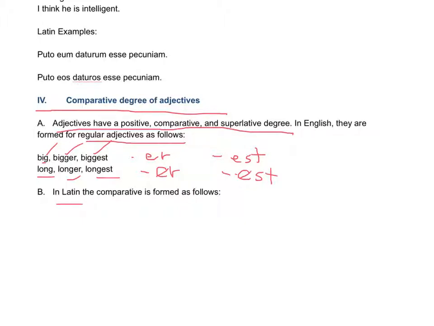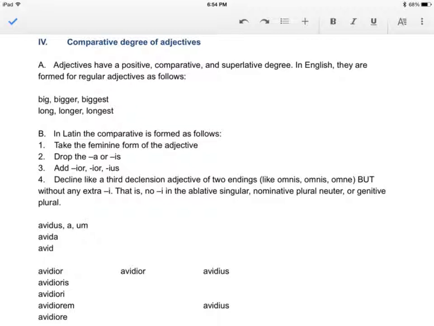In Latin, the comparative is formed as follows. You take the feminine form of the adjective. For example, if you have bonus, bona, bonum, you take the bona form.